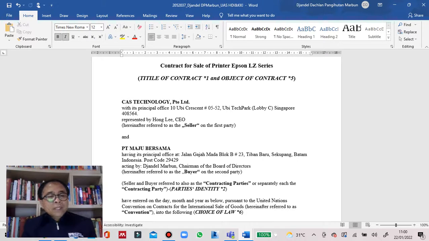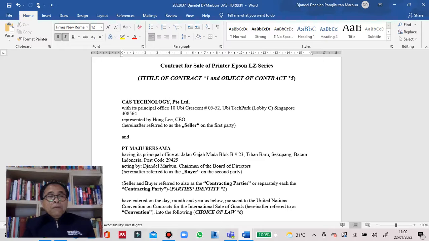1. Title of contract. 2. Parties identity. 3. Declaration of agreement. 4. Terms and contract. 5. Object of contract. 6. Choice of law. It might be UNIDROIT principles, CISG, or the Contract for the International Sale of Goods, or any laws applied. 7.